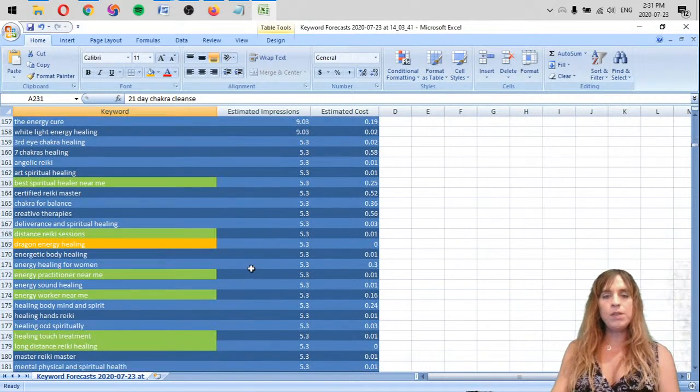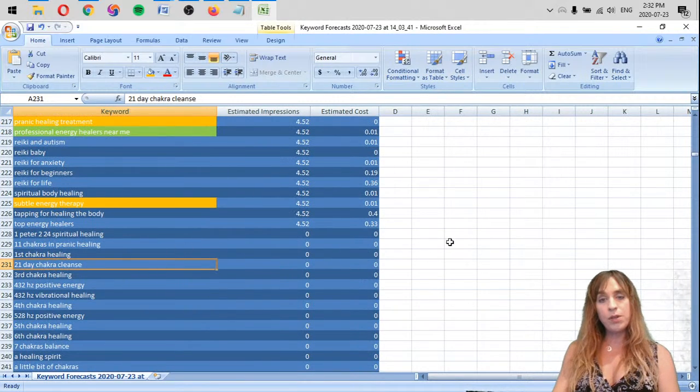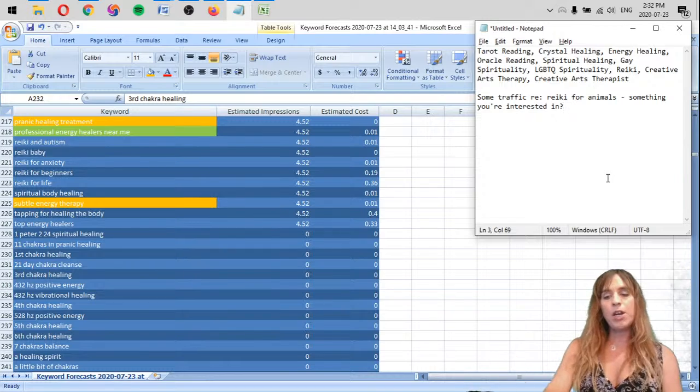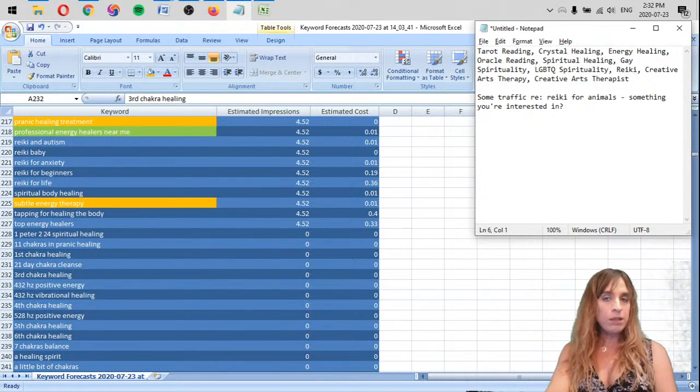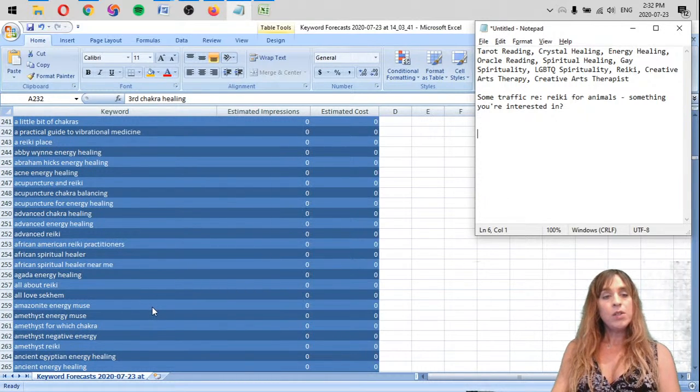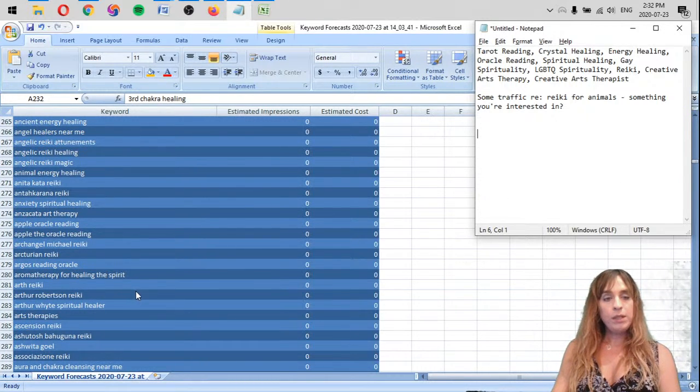Not to say that it won't ever be valuable again. So, these keywords are still useful on that extent, but also they are useful from the perspective that they can give you what's called long tail keywords. So if you're writing an article on creative arts therapy, let's say, actually no, let's choose one of these. Aromatherapy for healing the spirit.